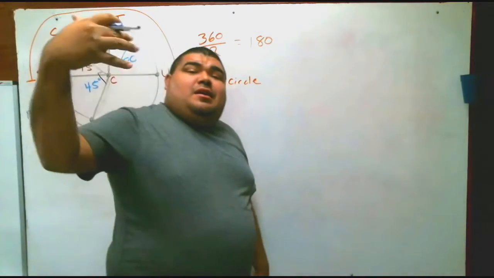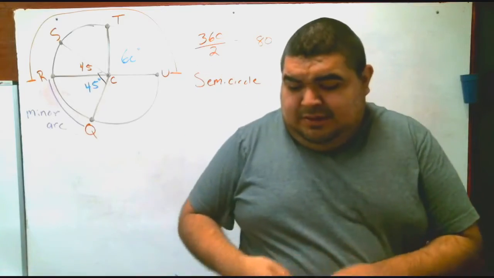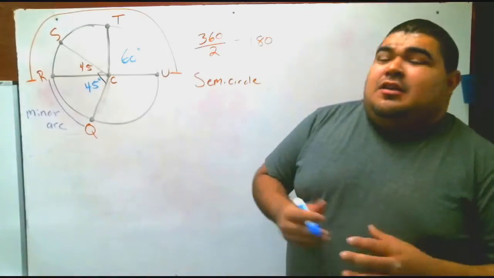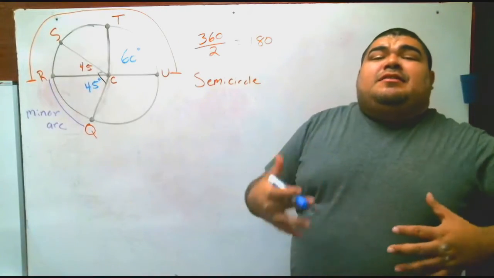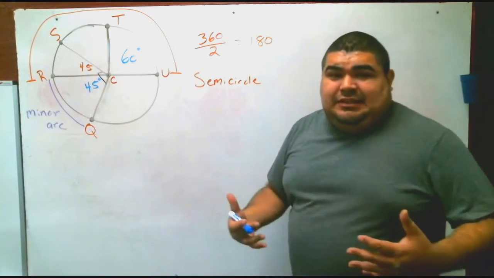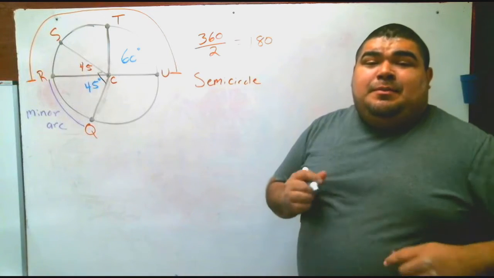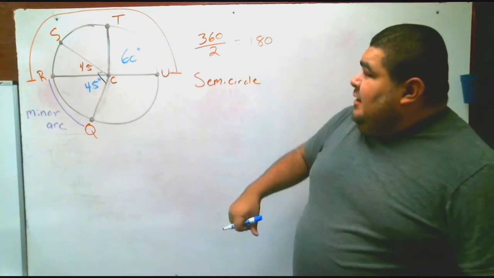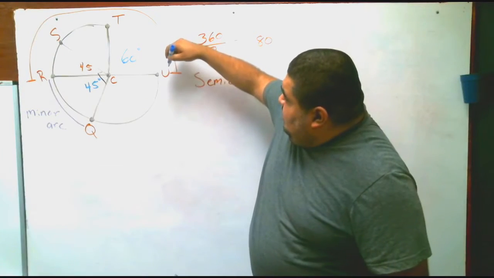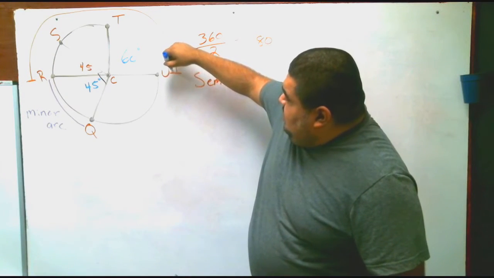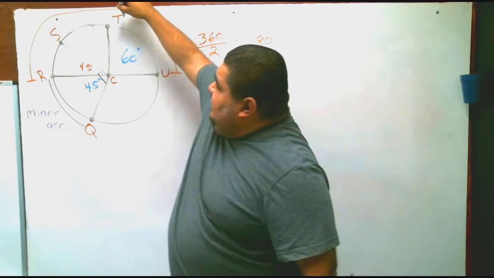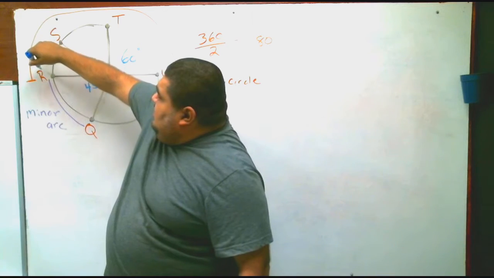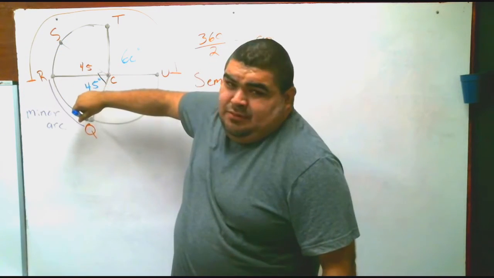Anything above, okay, 90 degrees, okay, so I guess not the whole circle completely, okay, but anything above 90 degrees, less than 360, it's what's known as a major arc. For example, we can say that if we went from U and went up to T, to S, to R, and to Q, okay?